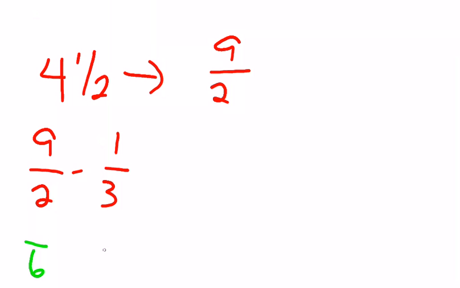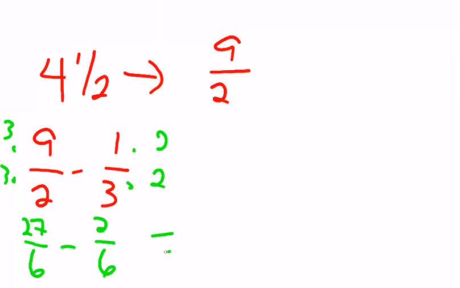So our common denominator would be 6 on both of those. That means I have to multiply the left one by 3. 9 times 3 is 27. I have to multiply the right one by 2. 1 times 2 is 2.